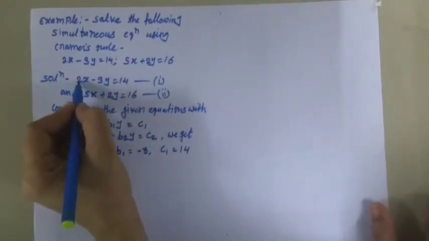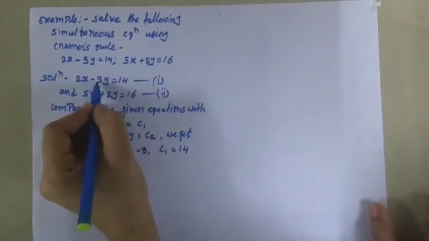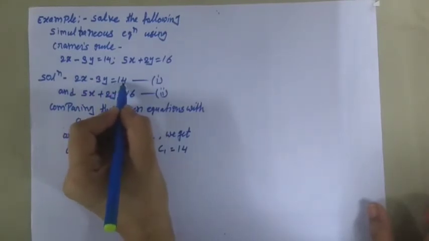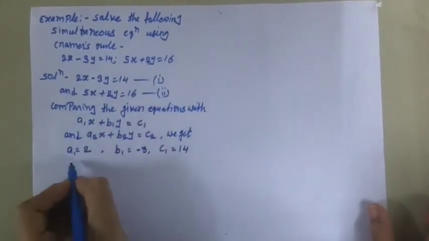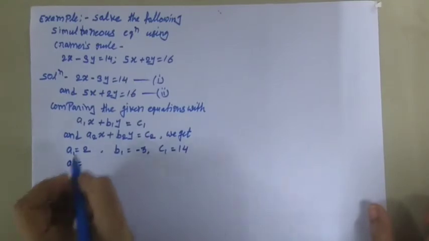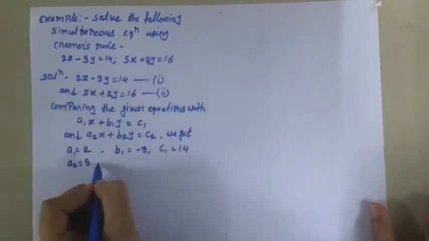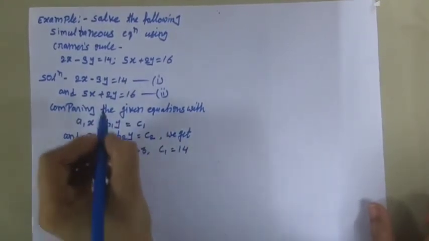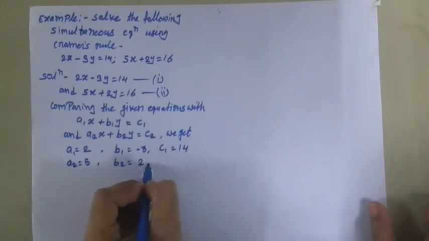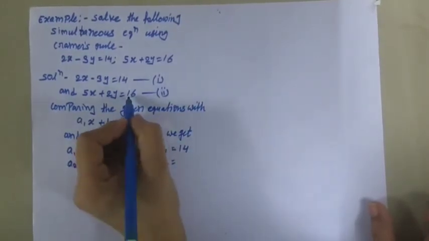Similarly, a2 equal to 5, b2 equal to 2 and c2 equal to 16.